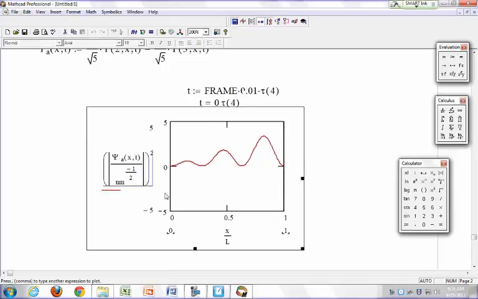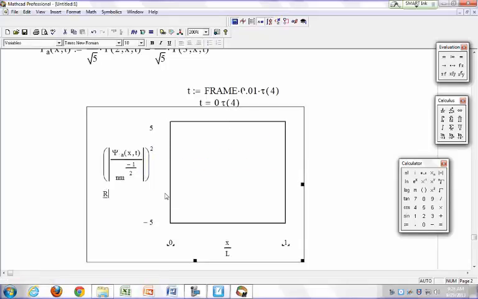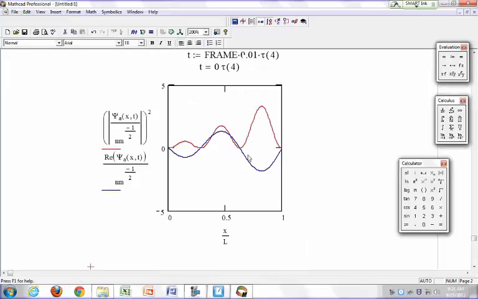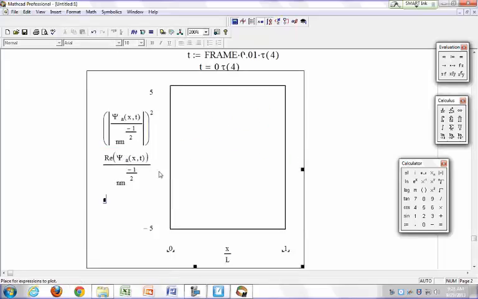And so what do I need to do here? I want to show you the real part of psi, the actual psi as a function of x and time, right? And my unit for that is nanometer to the -1/2. And that's the real part, comma.